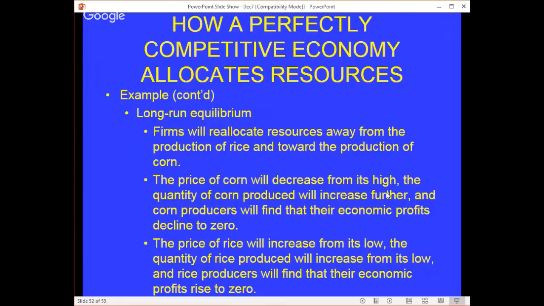The price of corn will decrease from its high, the quantity of corn produced will increase further, and corn producers will find that their economic profits decline to 0. On the other hand, the price of rice will increase from its low, the quantity of rice produced will increase from its low, and rice producers will find that their economic profits rise to 0.